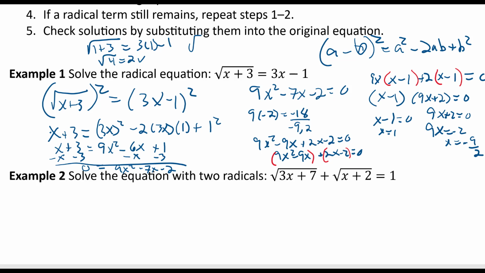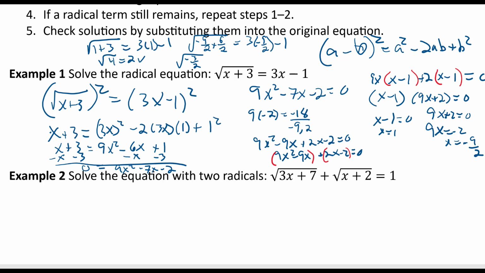So the square root of negative 9 halves plus 3, and 3 would be 6 halves, wouldn't it? Is that equal to 3 times negative 9 halves minus 1? Well, negative 9 halves plus 6 halves is negative 3 halves.